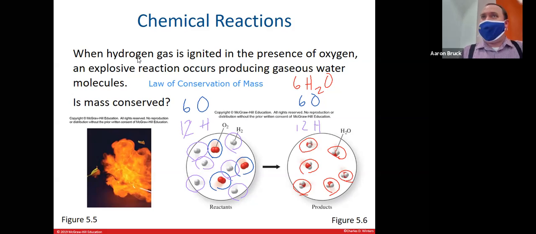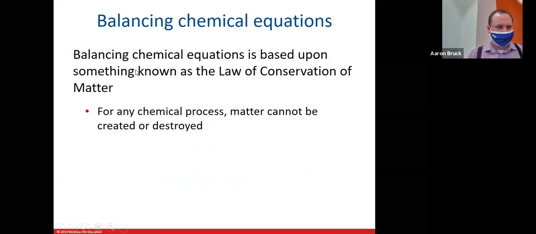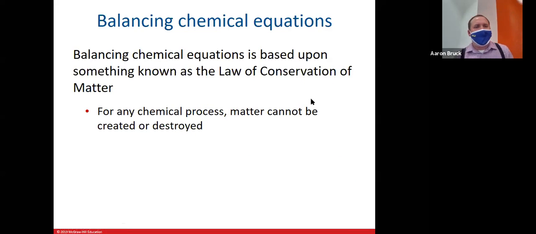How do we represent that law of conservation in a chemical equation form? Well, that comes when we do something called balancing. Balancing equations is based upon something known broadly as the law of conservation of matter. The law of conservation of matter states very definitively that in any chemical process, matter cannot be created or destroyed.